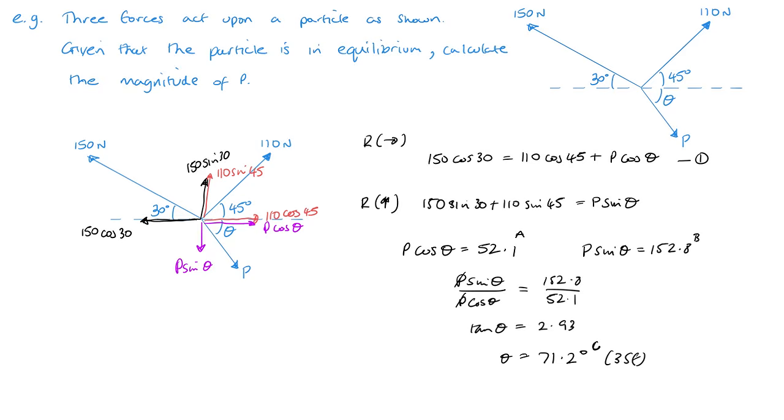So 52.1 divided by cos C, so P equals 52.1 over cos of 71.2, and that is 161.4 newtons to one decimal place. Okay, and that is then how we resolve three vectors.